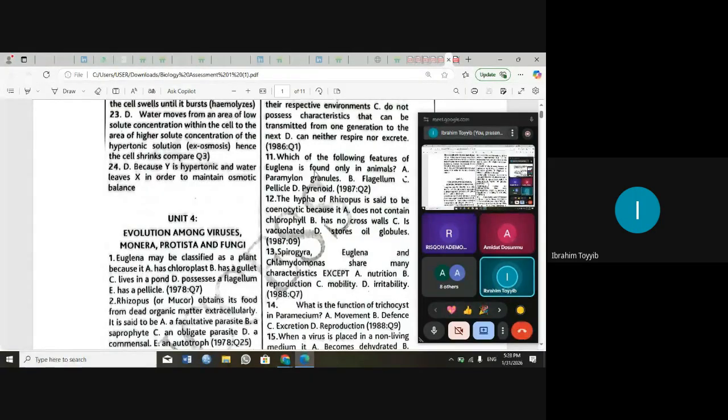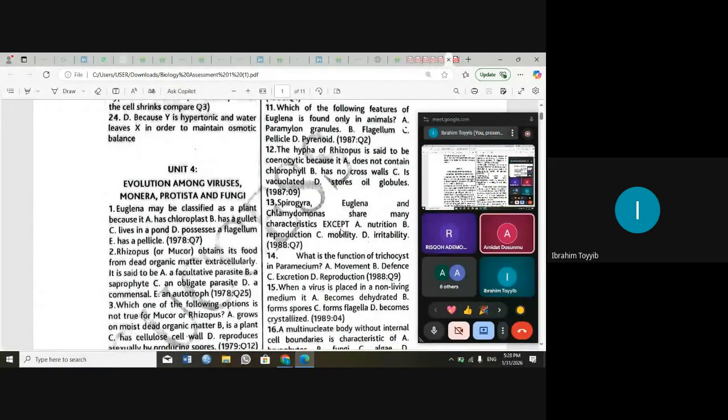That's understood, right? This number 12. Look at this number 12 question. Nobody should say that he or she does not understand this number 12.